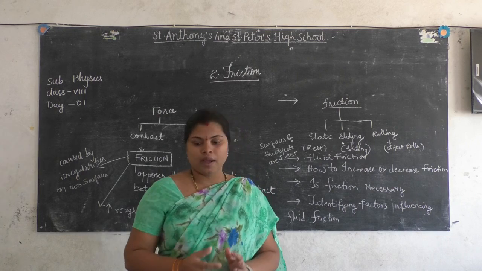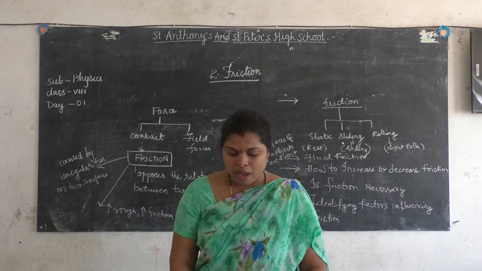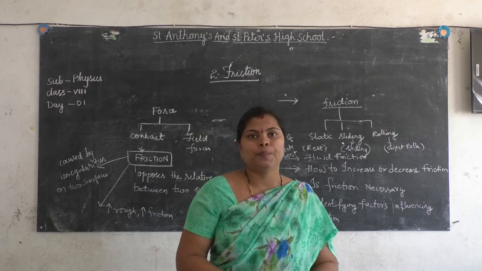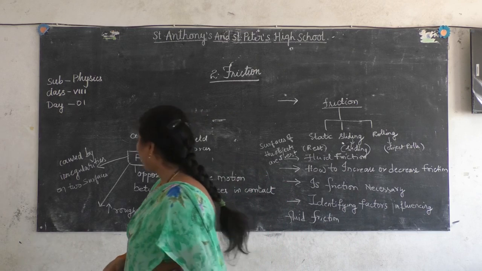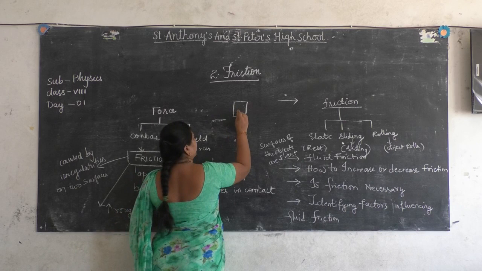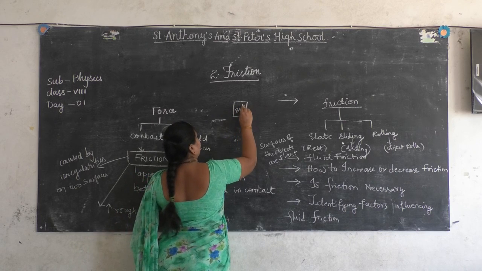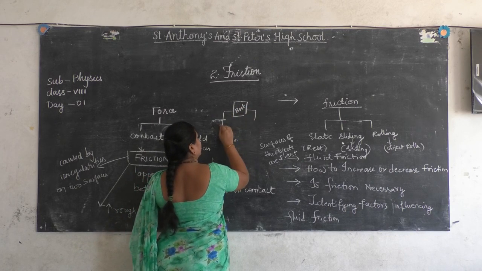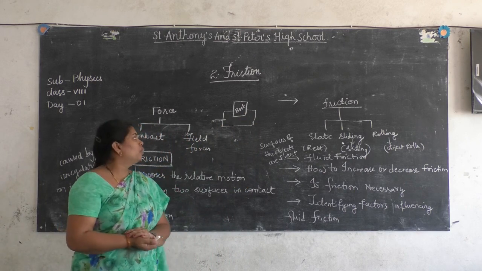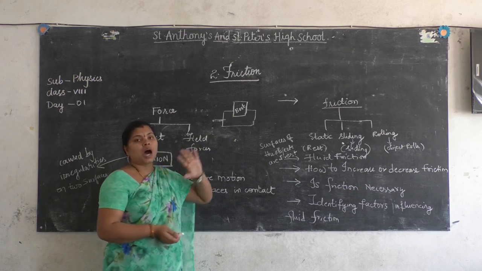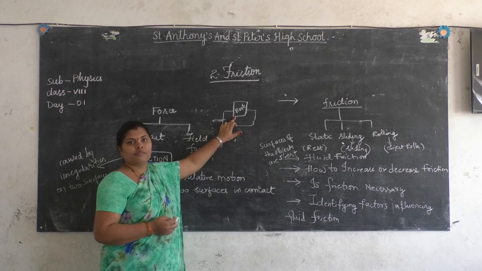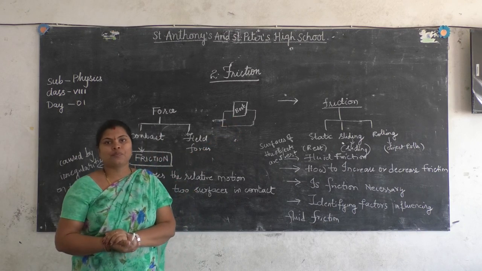Let me take an example. I have a book. Let me keep this book on the table. Here, two things are in physical contact: the book surface and the table surface.